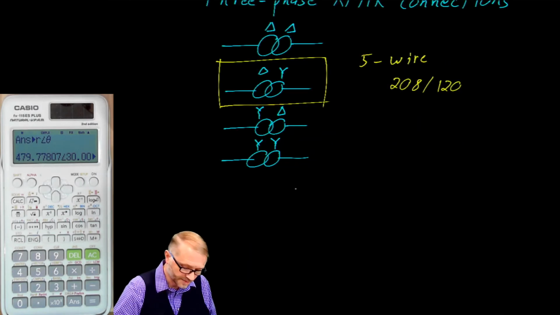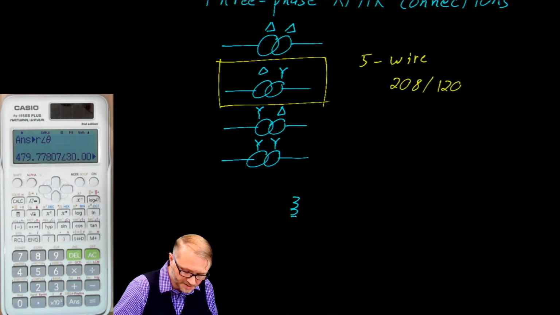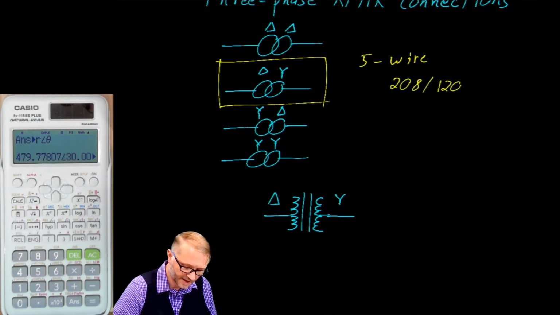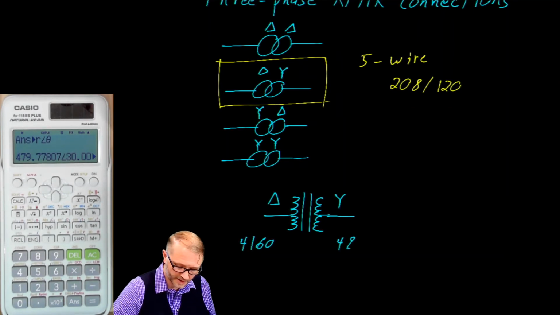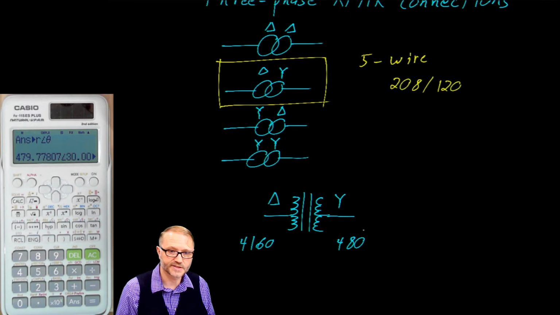I should mention, with respect to these one-line drawings, you'll also see transformers written like this. We'll let this be a delta to a Y. For example, you could have 4160 in, and you could have 480 in a Y configuration out.